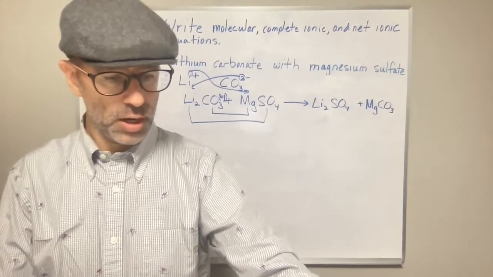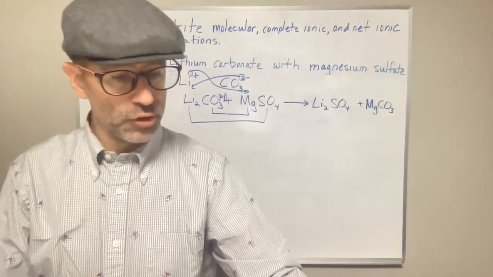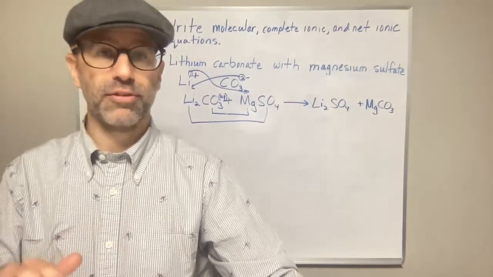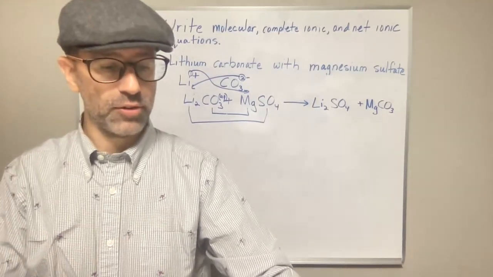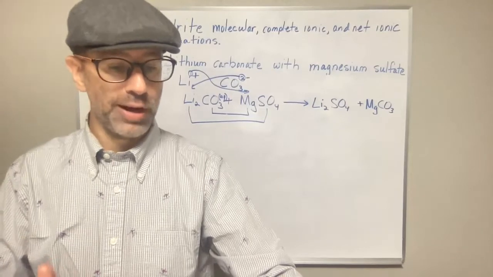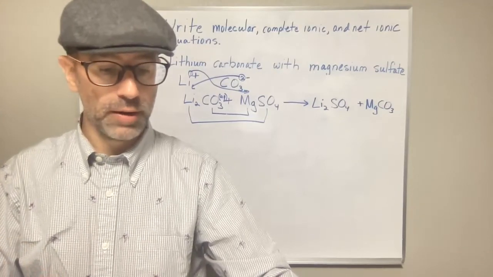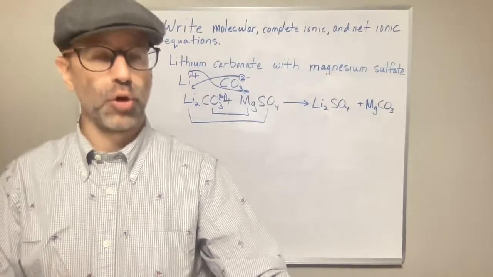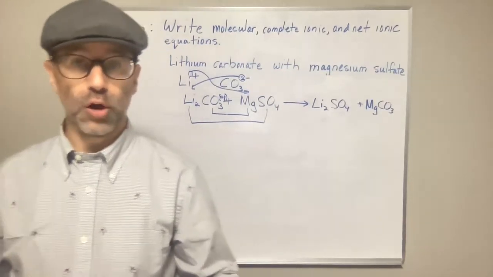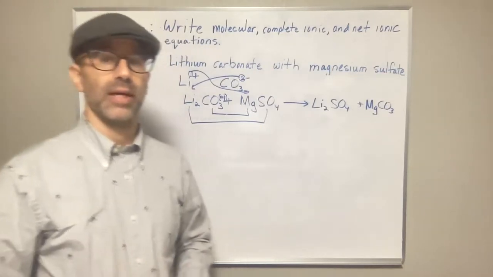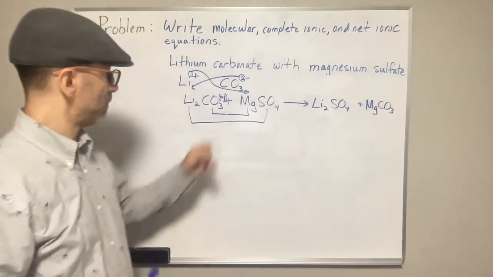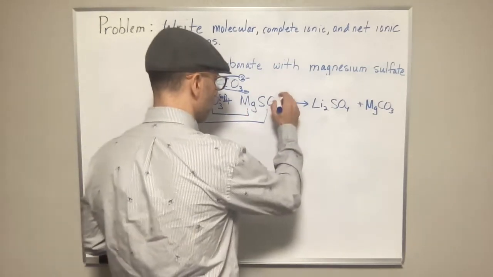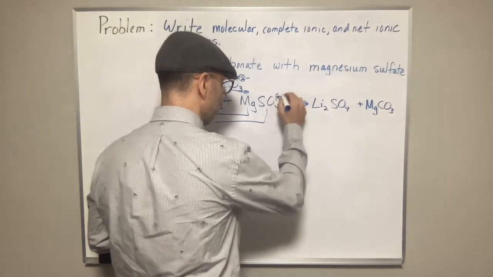Okay, so here, no, I was wrong. It says that all sulfates are soluble, and then it gives some exceptions: silver, lead 2, mercury 1, barium, strontium, calcium. Your sulfates are going to be soluble, except for those exceptions. We have magnesium, so that is not an exception. So this is going to be soluble, so that is aqueous.